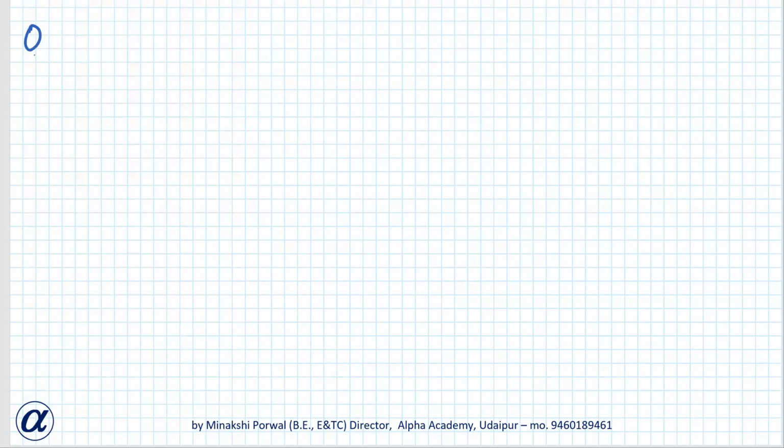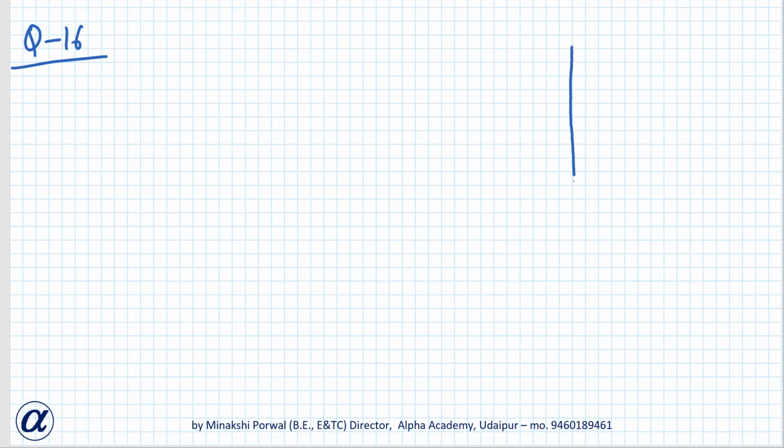Question number 16. The angle of elevation of the top of the tower from 2 points at a distance of 4 meter and 9 meter from the base of the tower and in the same straight line with it are complementary.